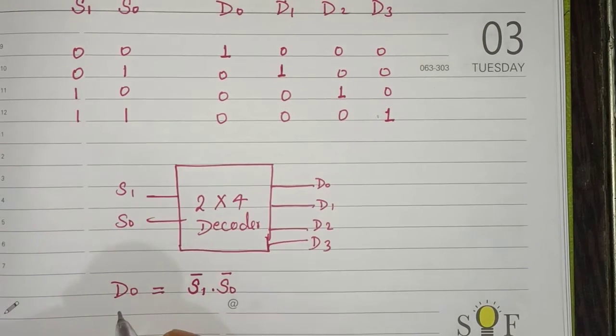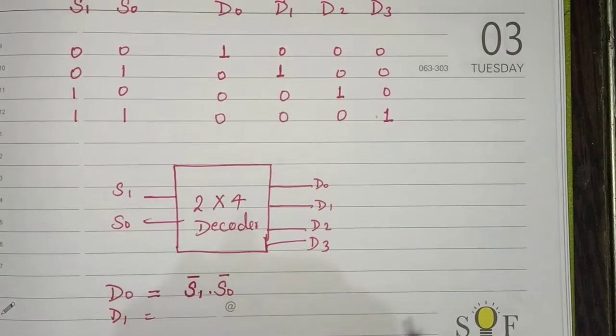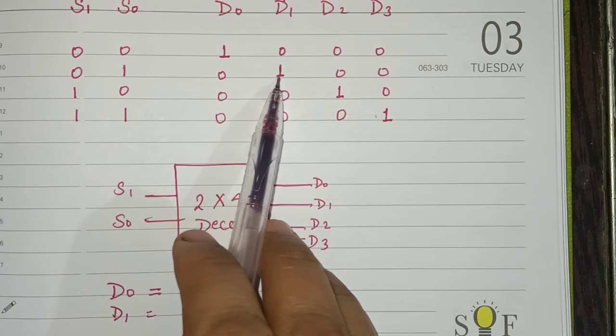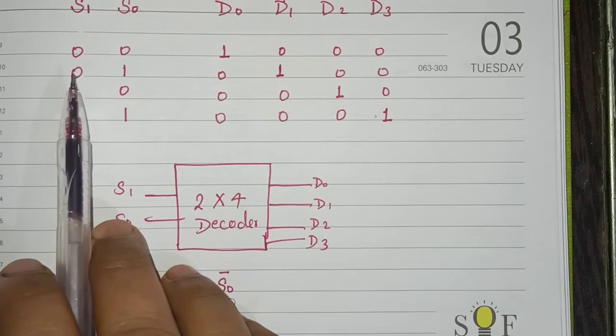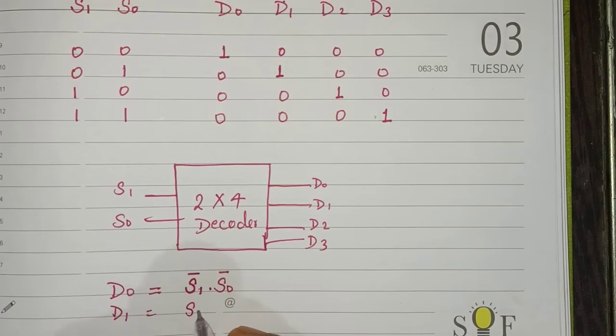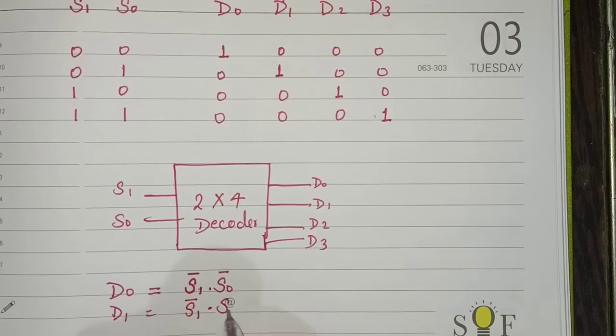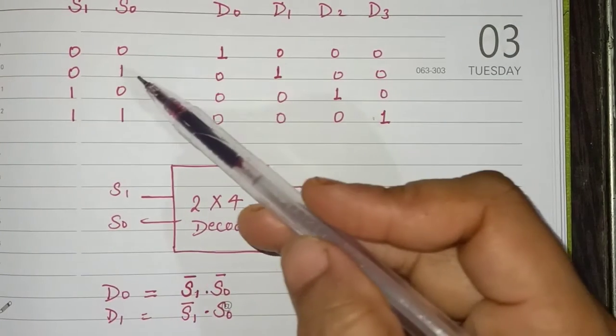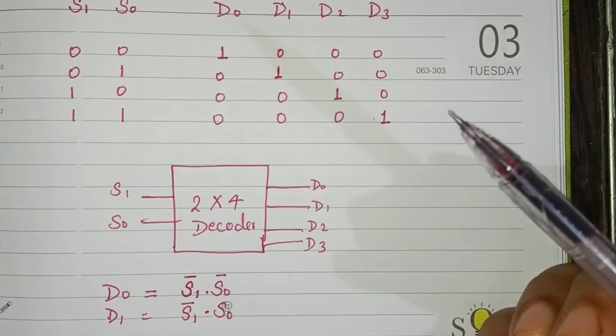For D1, D1 is high when the inputs are S1 0 and S0 1. S1 0 means S1 bar, and S0 is without bar because its value is 1.